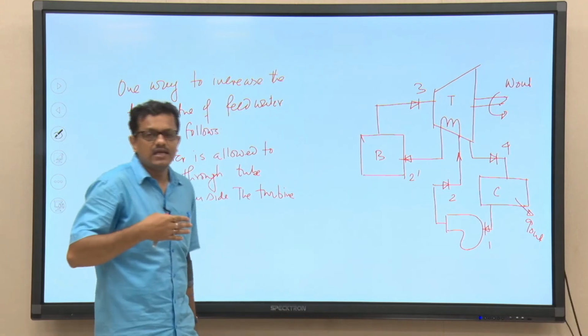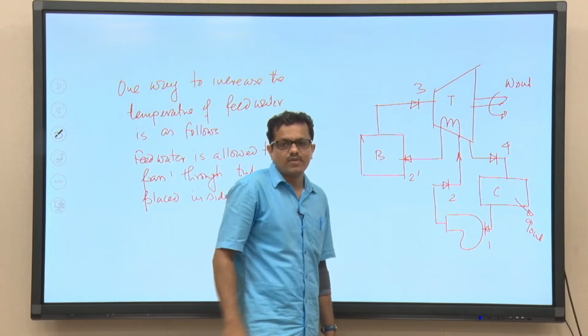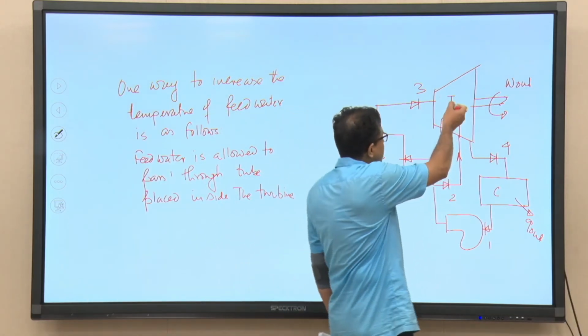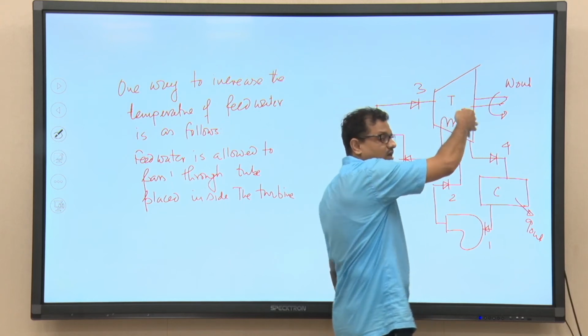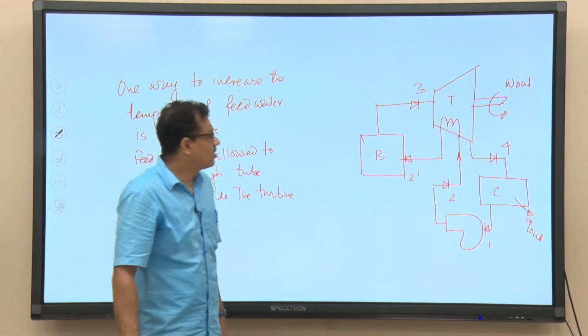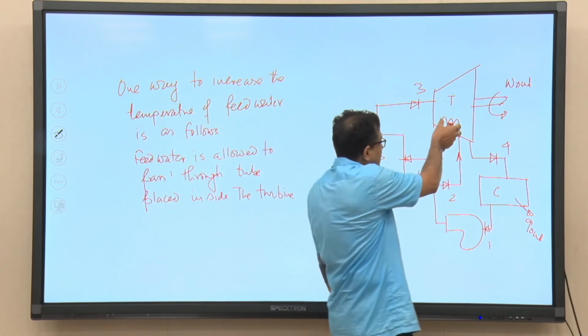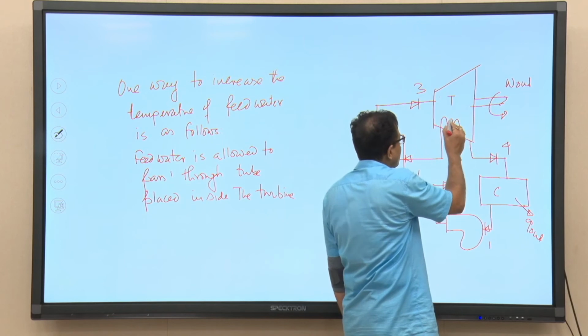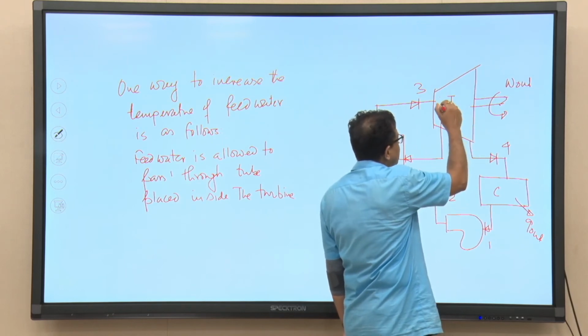The turbine is now acting as a dual performer. Basically the turbine allows steam to expand, and while steam is expanding it does work on the rotating part of the wheel, so we are getting work output. On the other hand, since the circuit is placed inside the turbine, water will flow in the opposite direction to the steam flow.